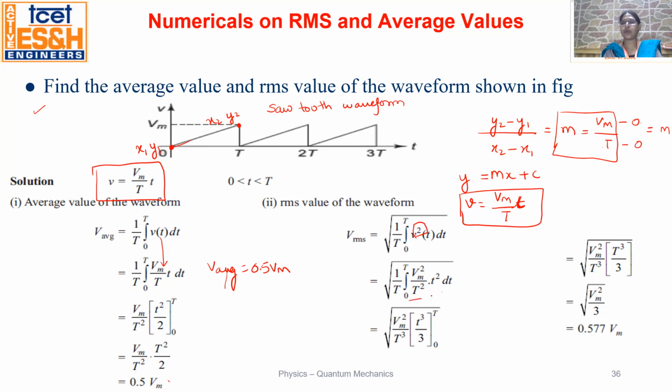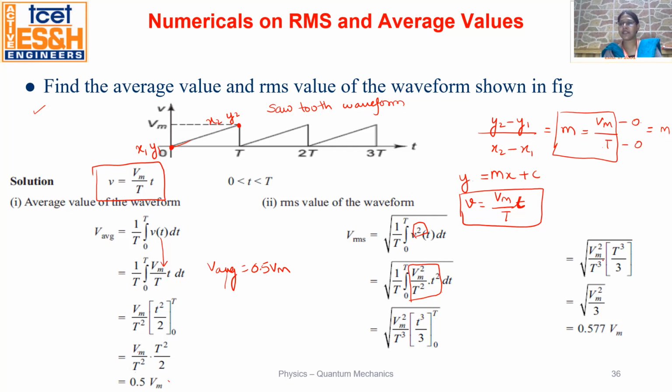When you integrate this, you get Vm square, with T cube outside, and t cube by 3 with the limit 0 to T.